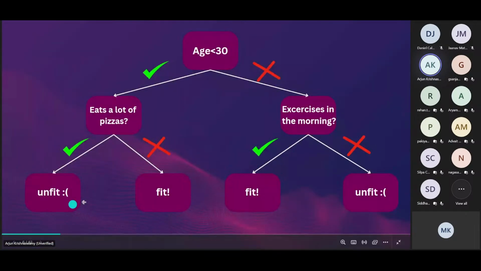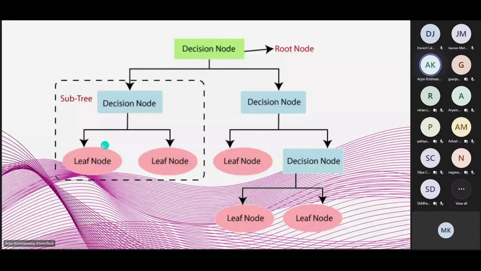Once we finally classify if the person is fit or unfit, there is no need to ask further questions to classify it into any other type or divide the node further. So yeah, this is a leaf node, and this cannot be divided further. So overall, just to recap, this is a root node, and these are the decision nodes or the internal nodes, and this is the leaf node.